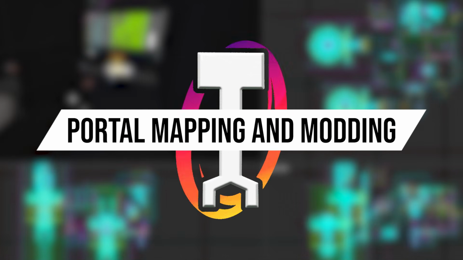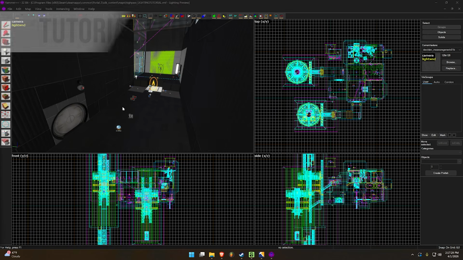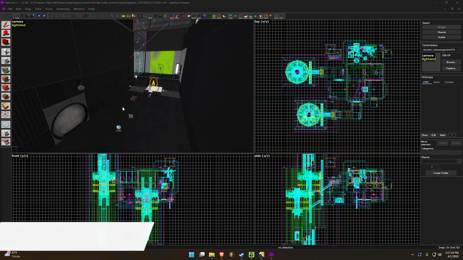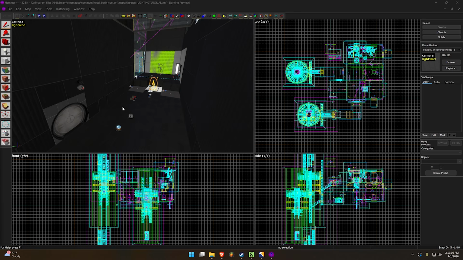Lighting is a very powerful tool in maps, and knowing how to light your maps well is an important skill, because lighting is the way that we see the world, and although that's not really how Source works, it means that we as humans are very good at picking up on when something does not look realistic.